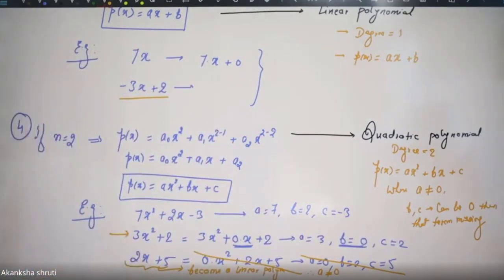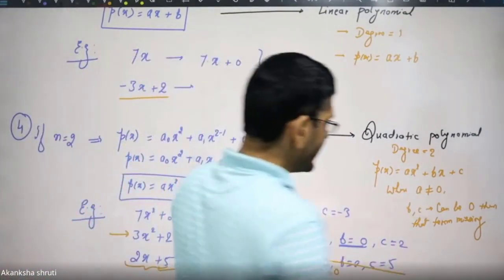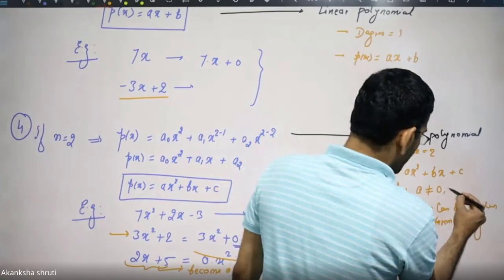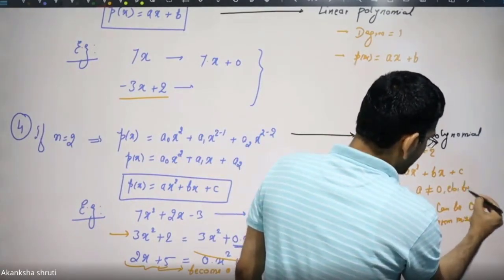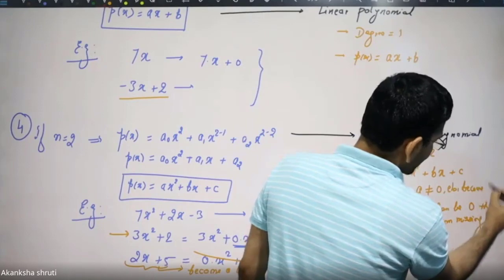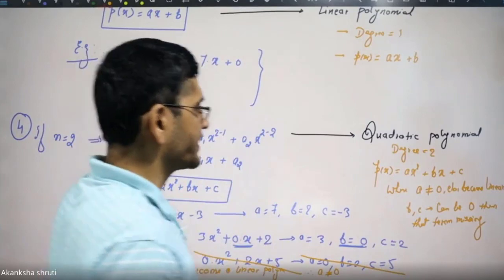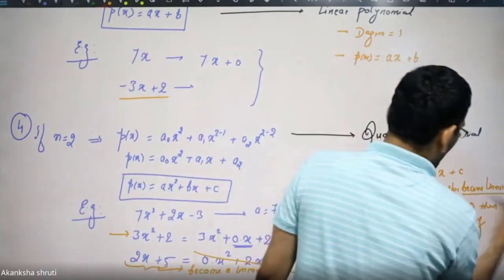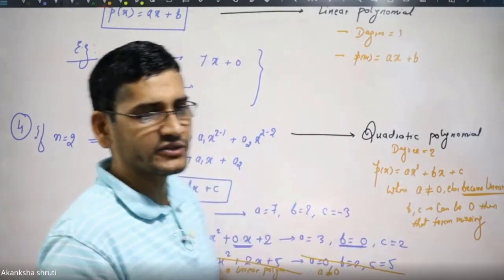Okay, but this A cannot be 0, else what does it become? Otherwise it becomes a linear polynomial, student. This is the reason why we cannot take A equal to 0.